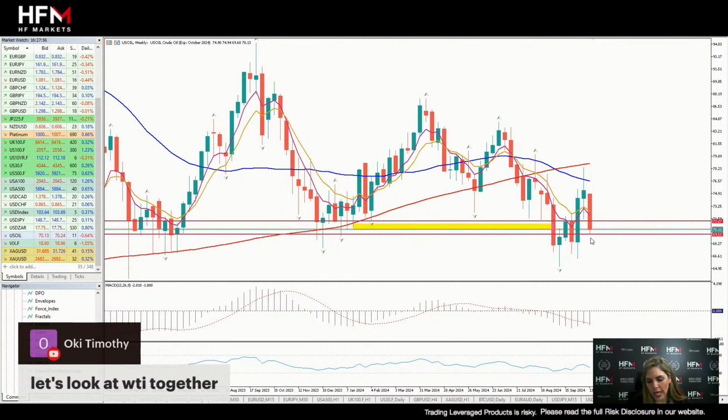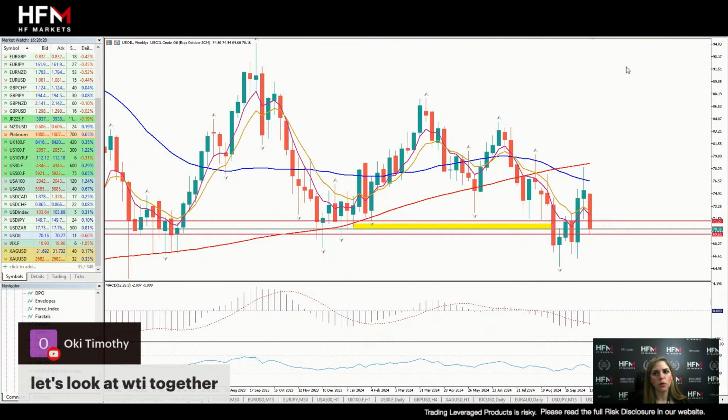If today and tomorrow we have a nice, decisive, strong bearish candle, that will mean that we have an evening star formation, which is a bearish formation, which complies with the bearish MACD, with the fact that RSI is moving lower, right?